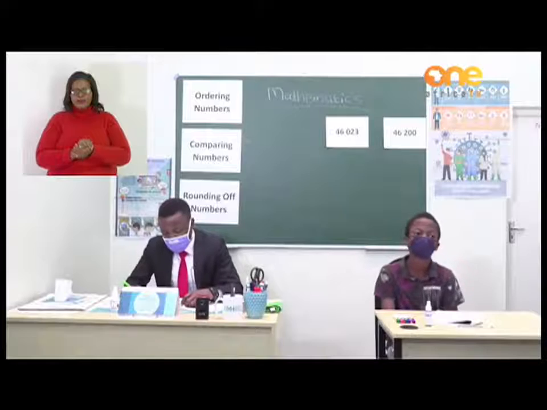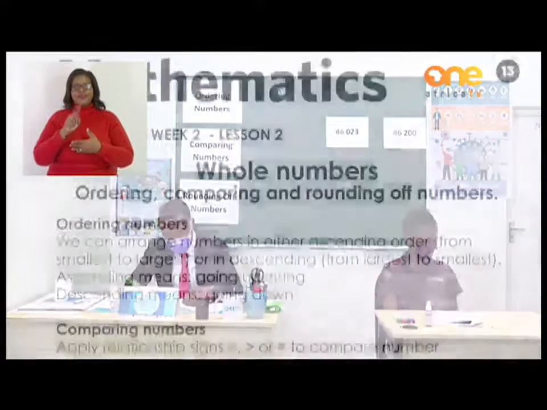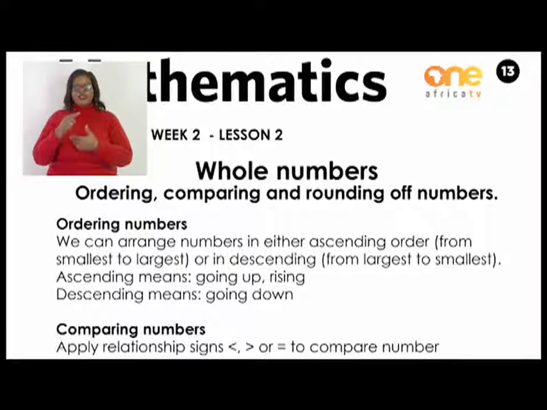So we are now on page 13. Let us go to page 13. So we'll start with the whole numbers, whereby the objectives of that lesson will be ordering, comparing, and rounding of numbers. So we'll start with ordering numbers.